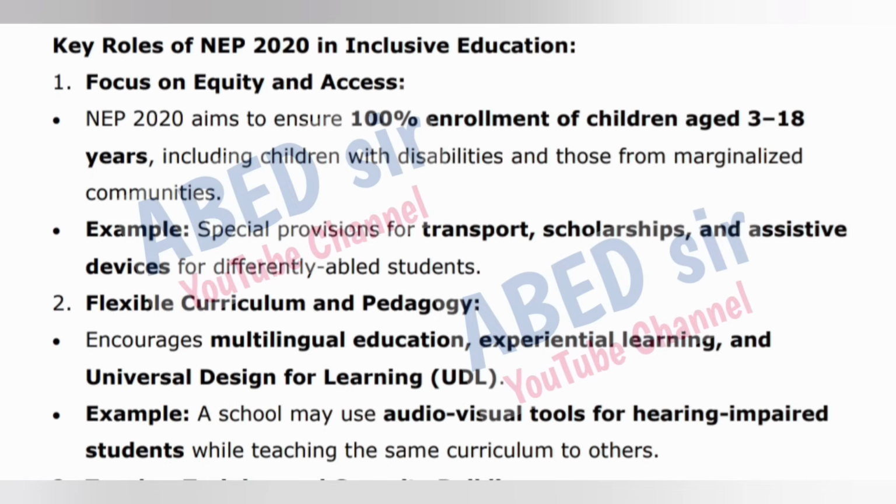Flexible curriculum and pedagogy. Encourages multilingual education, experiential learning, and universal design for learning, UDL. Example, a school may use audiovisual tools for hearing impaired students while teaching the same curriculum to others.